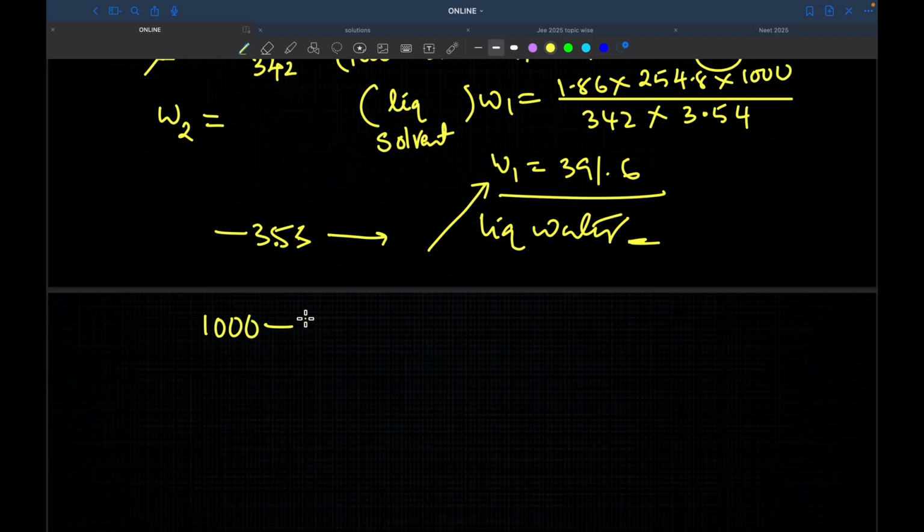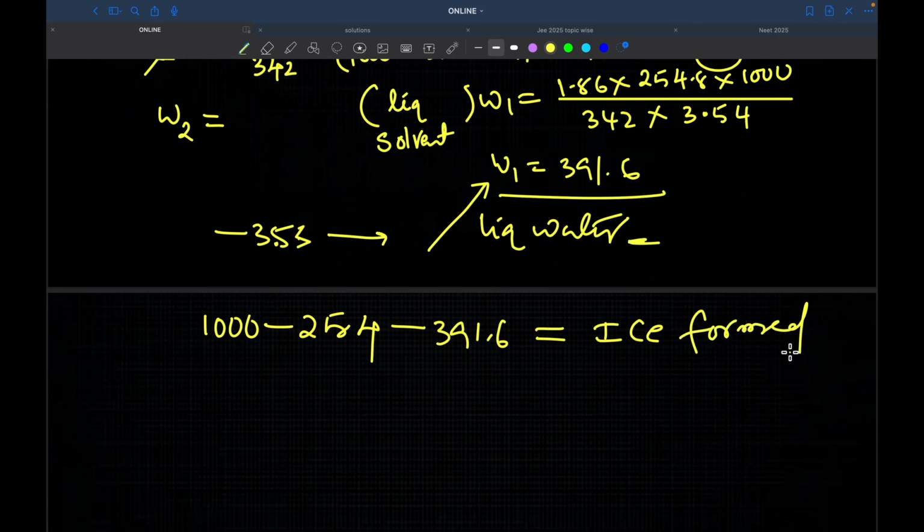In this, how many grams of W2 is there? 254. And how many grams of liquid solvent is present? 391.6. So this gives you the ice formed.